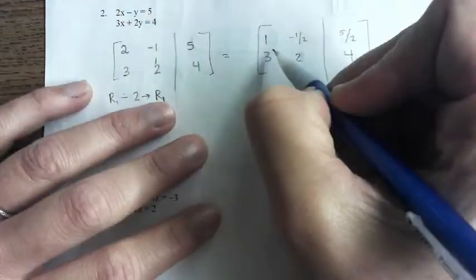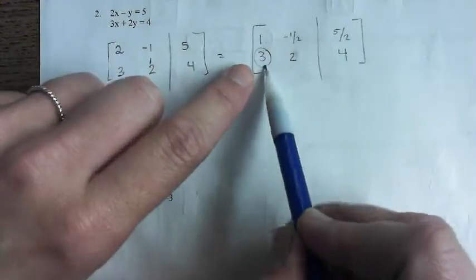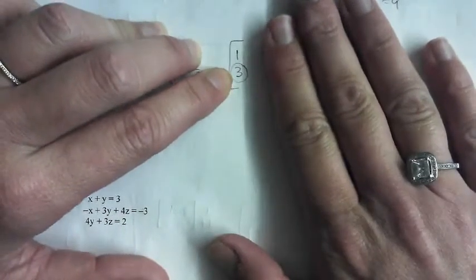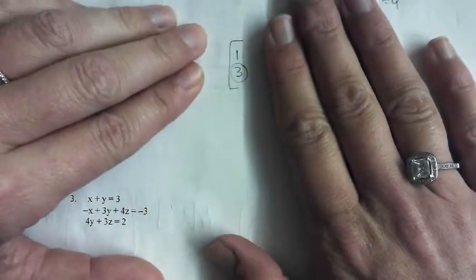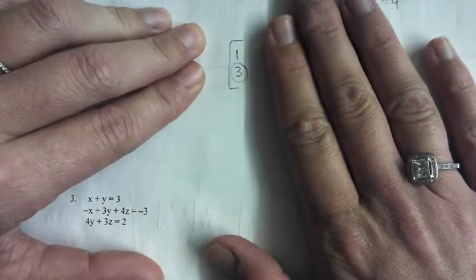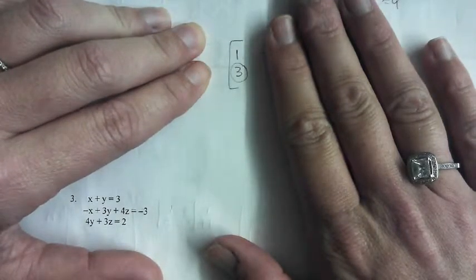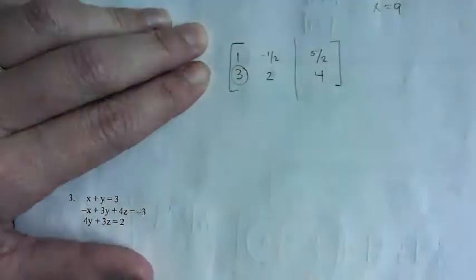All right, so now we need this to become a 0. Come on, Mike. I need this 3 to become a 0, and I can only use row 1. Perfect.